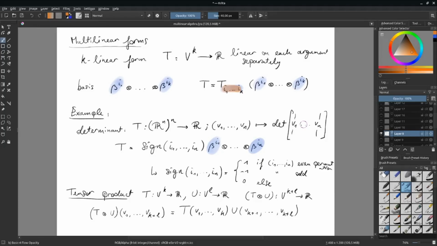Remember, symmetric, we saw that for the inner product, changing the order of my arguments did not change the result. Anti-symmetric, as is the case for the determinant, is the opposite: if I permute by an even permutation, the result stays the same. If I permute by an odd permutation, the result changes sign.